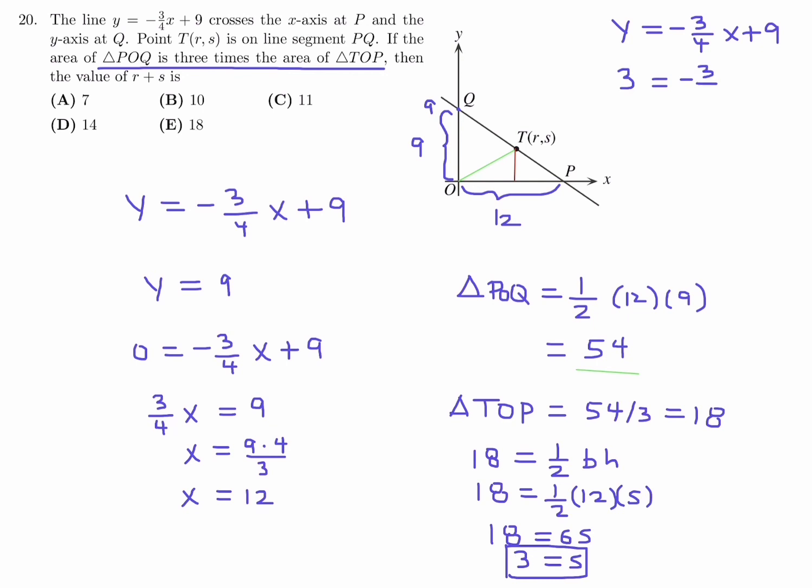Minus 3/4, our x is actually represented by the letter R, so put that in there. And therefore, solving for this, we get 3 over 4 R is equal to 9 minus 3, which is 6, so R would be 6 times 4 divided by 3, and that looks like 2 times 4, which is 8.